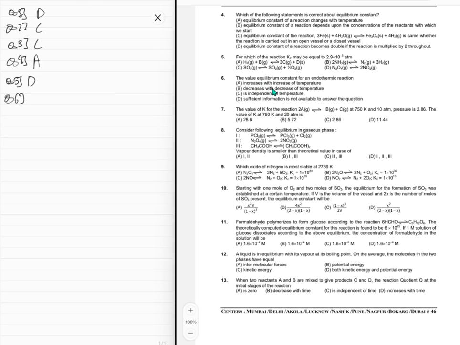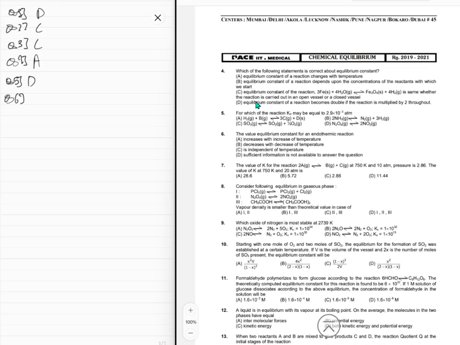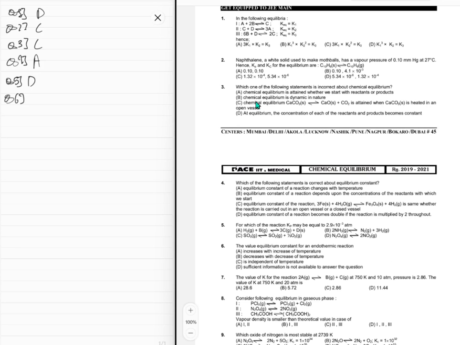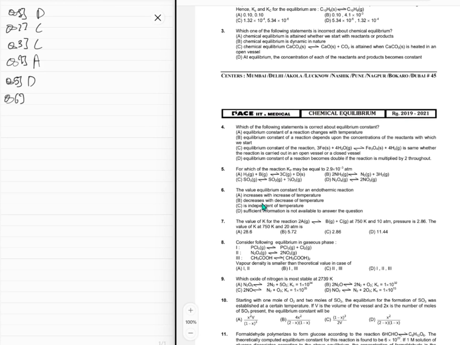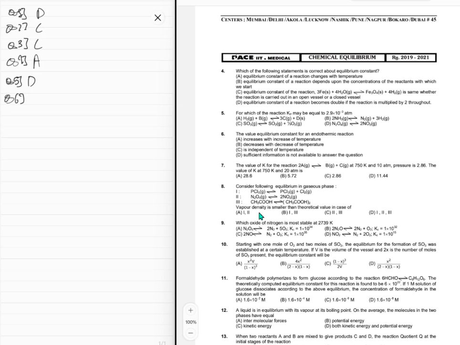So A and B both are correct. Is this a multiple choice question? I don't know. It's not independent of temperature, of course. So A and B, I'm just going to go for both of them.